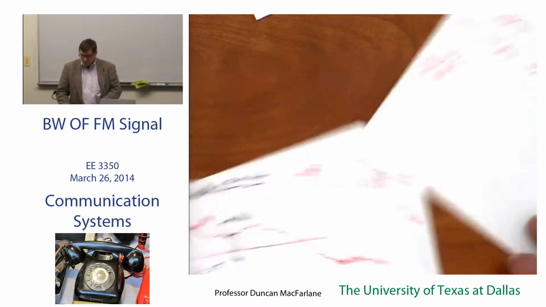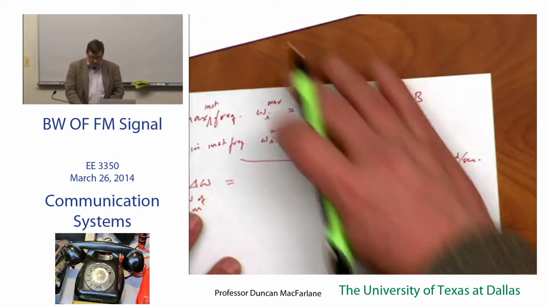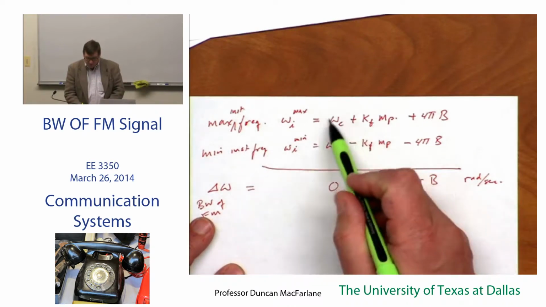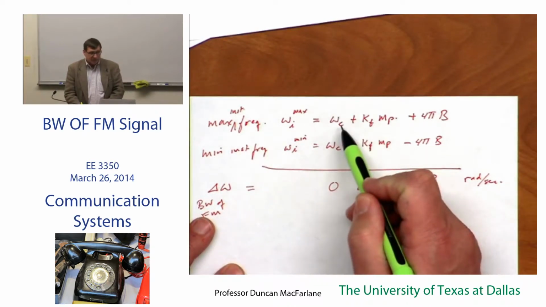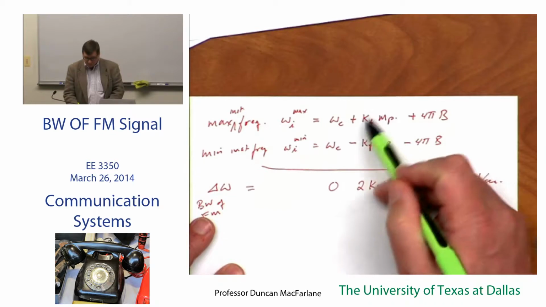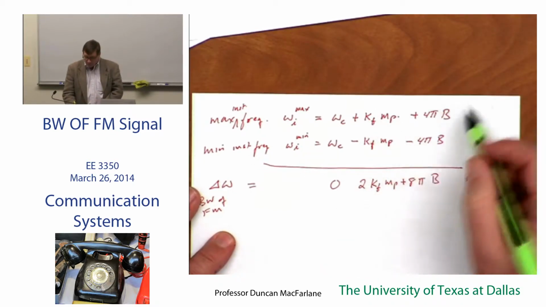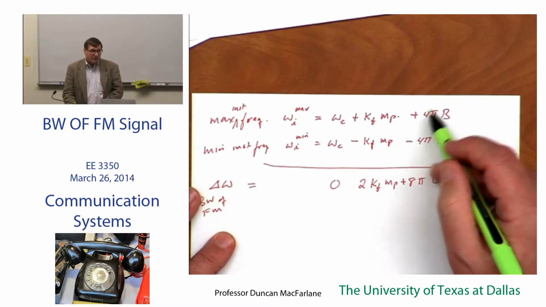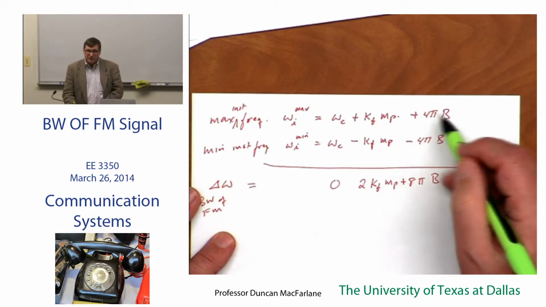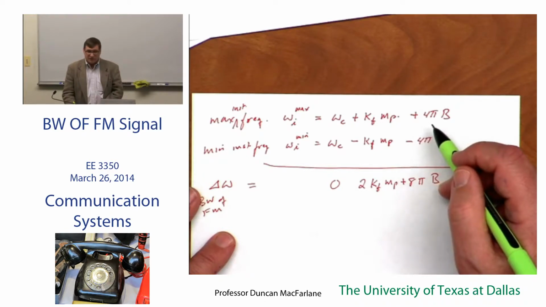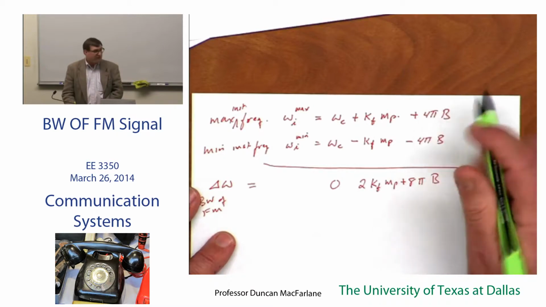So, when I go to calculate my maximum instantaneous frequency, yes, it's proportional to omega c, plus you add in the kf times mp, but then you also add in a small amount more that takes into account the bandwidth of the message signal itself.